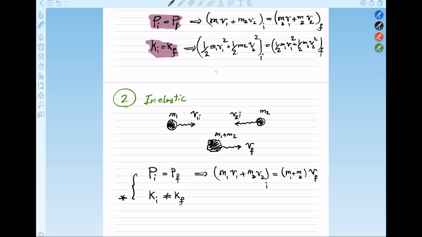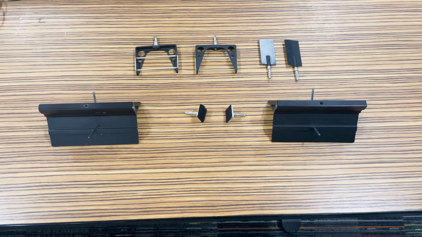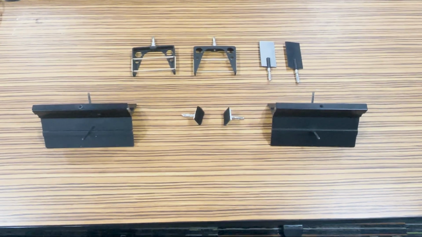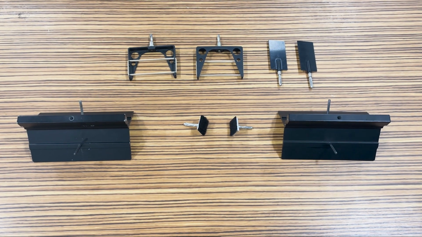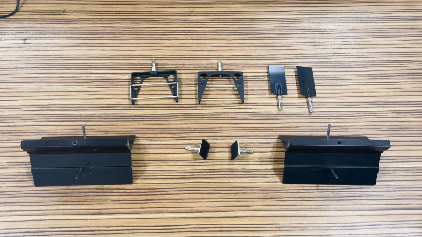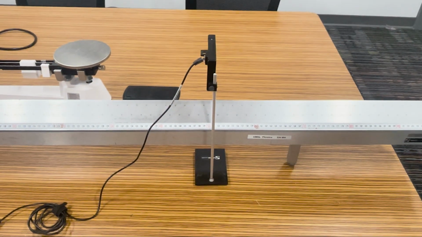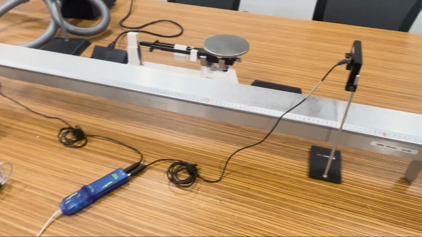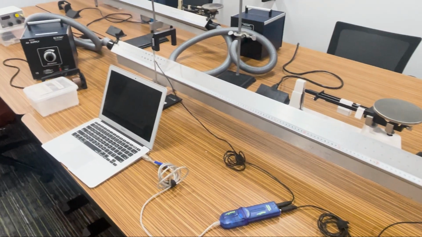So here's a little bit of background before we dive into the experiment, and we'll show you what the setup would look like, and we'll provide you with the data. Here are some of the things we need. We need 2 gliders, 2 Velcros, 2 rubber bands, and 2 flags. We need the air track, and we also need 2 photo gates that are connected to our computers.